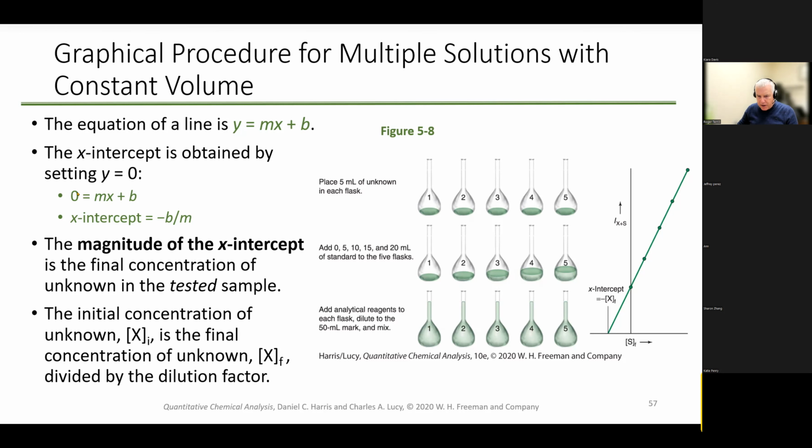And if you plug a 0 in for y, then x is equal to negative b over m, right? Yeah, exactly.